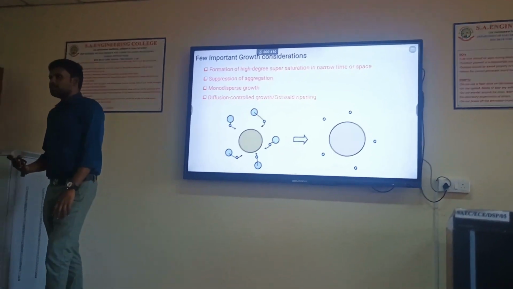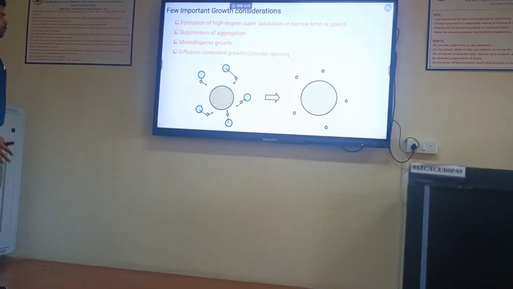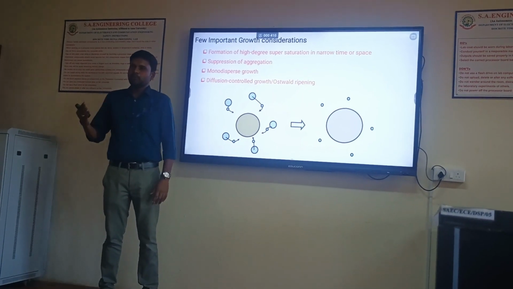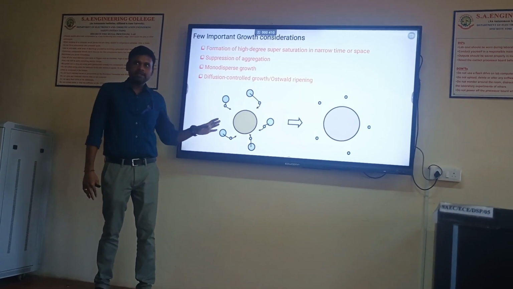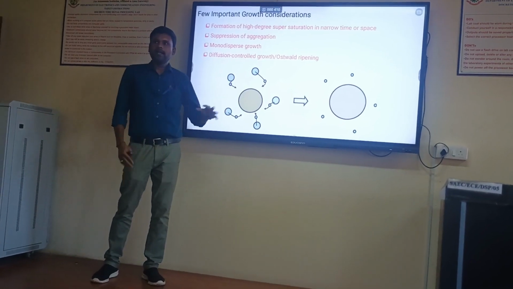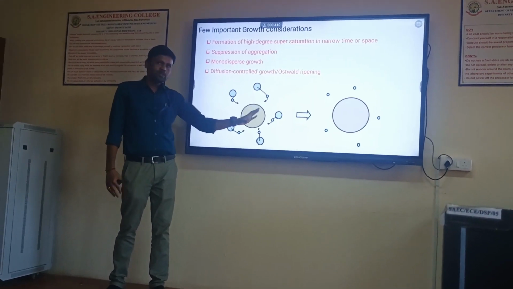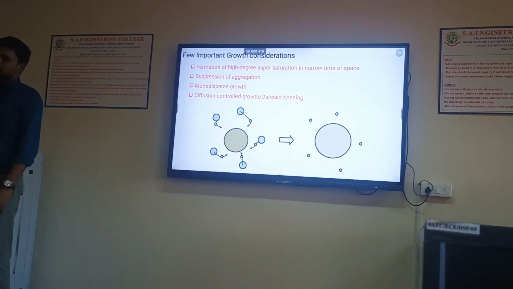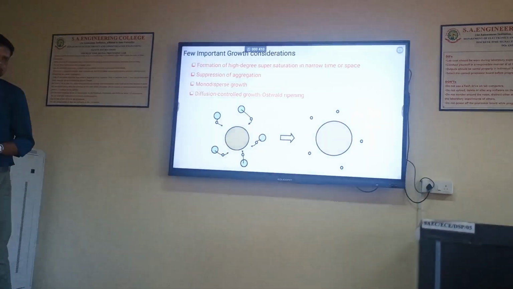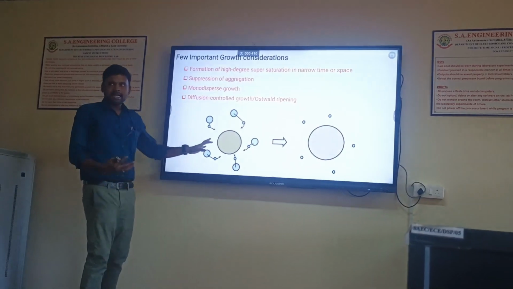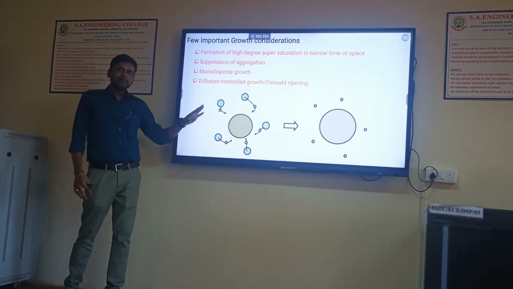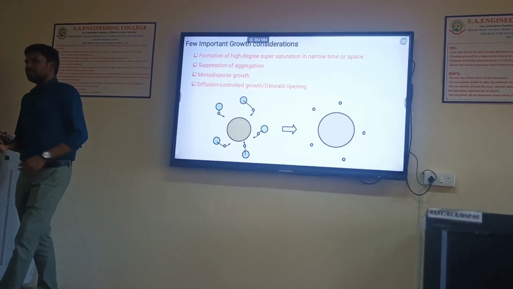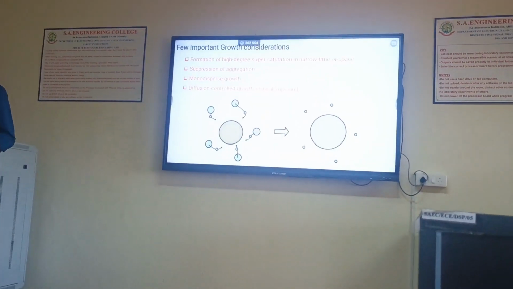What Ostwald ripening says is that when a reaction is prolonged, or when we apply some kind of external forces, all these smaller nanoparticles will go and attach to the bigger nanoparticle, and then it starts growing basically. In simpler ways, we can say that the smaller particles grow over the bigger particle.